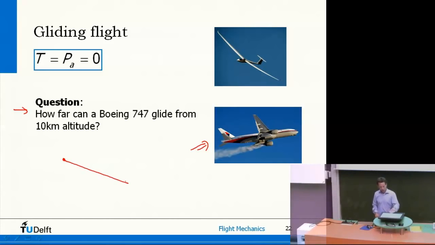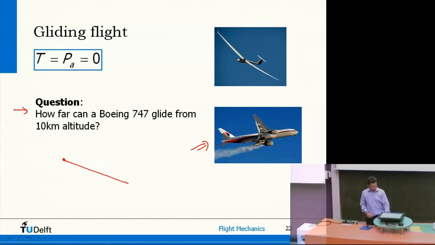And if you look at the glider, then typically you just like to enjoy the flight. So in that case, it could be nice to stay in the air for as long as you can. So in this scenario, time is actually of the essence. So these are different objectives, but what's important to note is that thrust, or power available, is equal to 0.